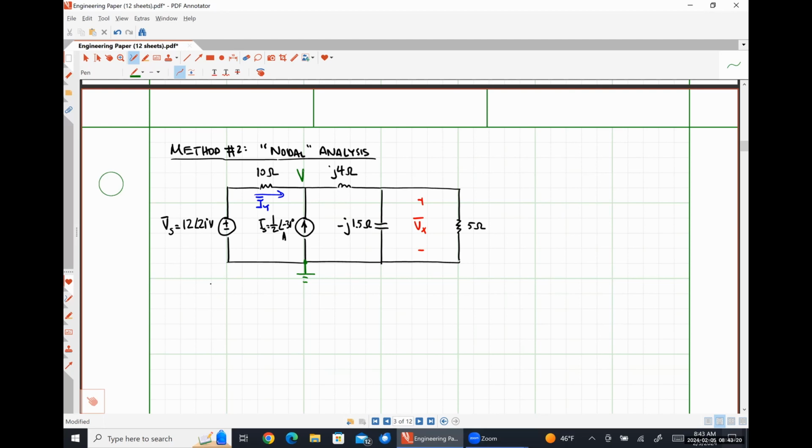And I'm going to solve for this nodal voltage, which I'm going to call VC.